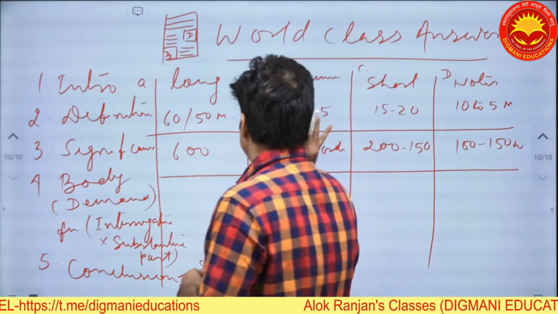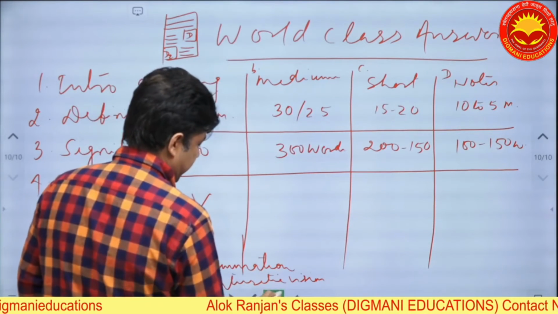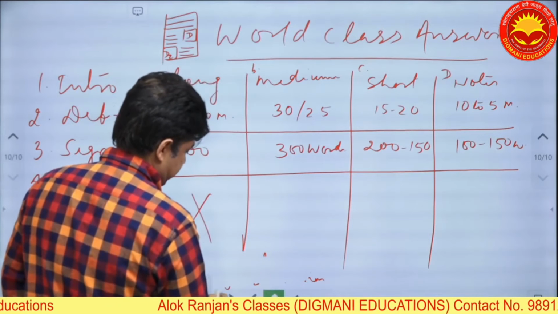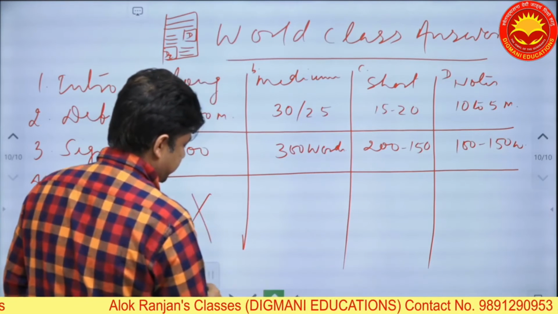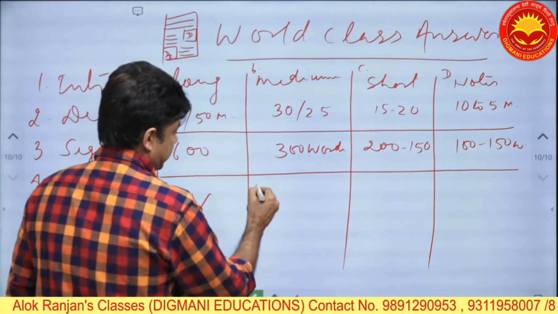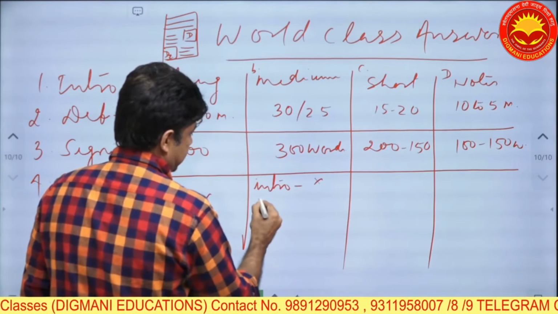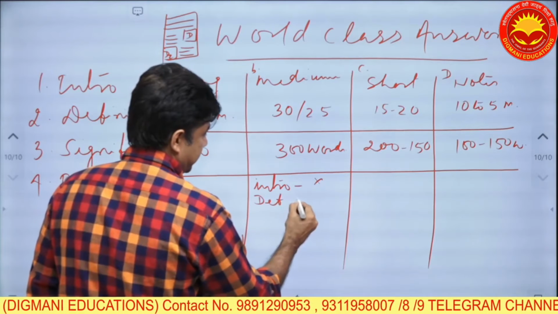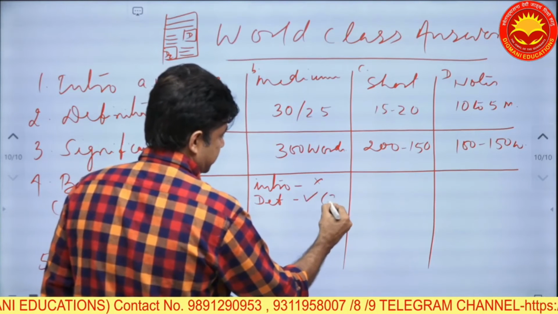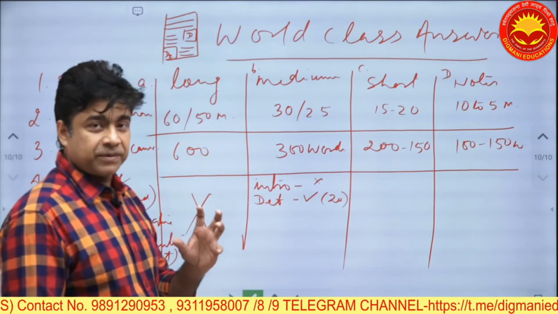But in medium type questions, we are not supposed to write everything. There is no need for any introduction when it comes to the medium type question. Definition, yes, required, and you have to use only 20 words for it.